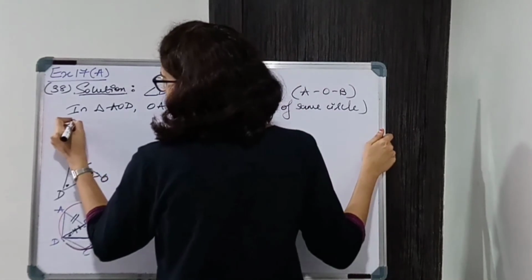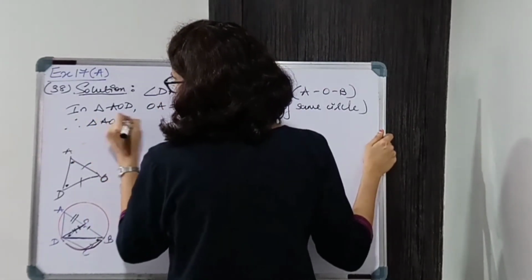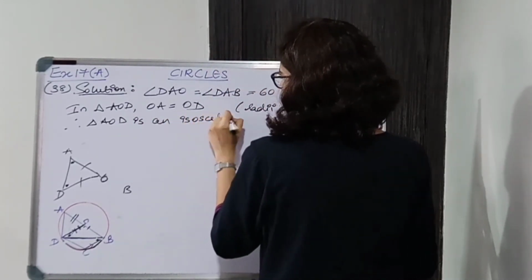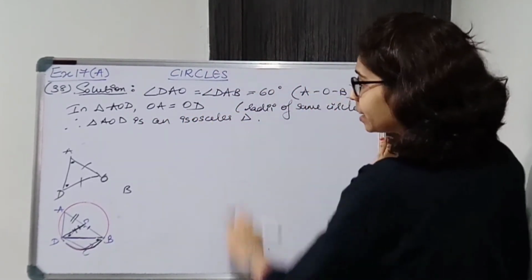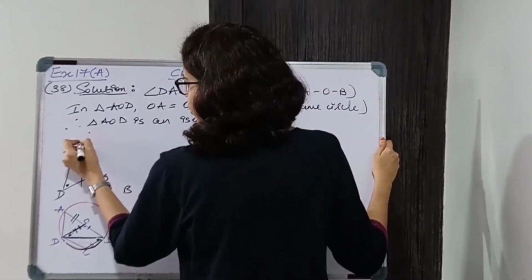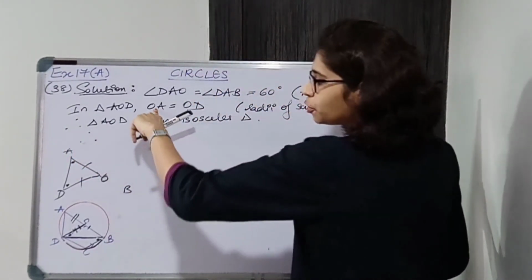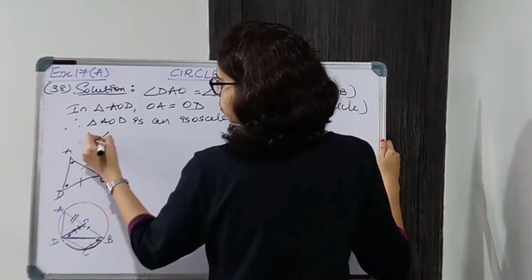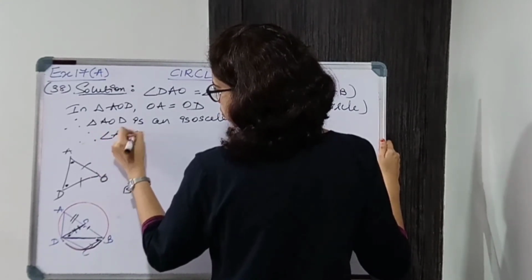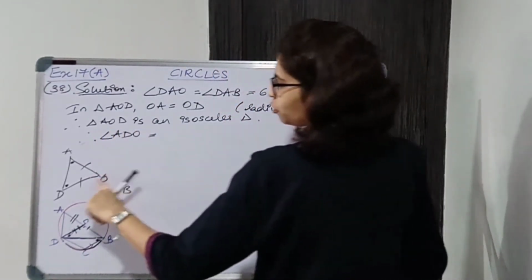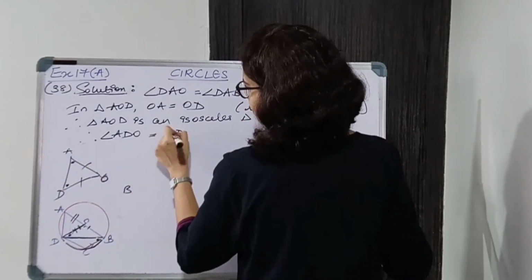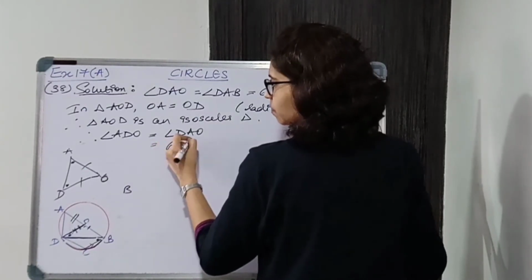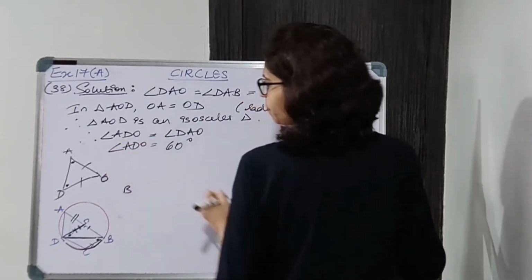But before that I'll write down, therefore triangle AOD is an isosceles triangle. full word लिखना है. So therefore angle opposite to OA is ADO and angle opposite to OD is DAO. DAO का value I just found it is 60 degrees. So angle ADO is 60 degrees.